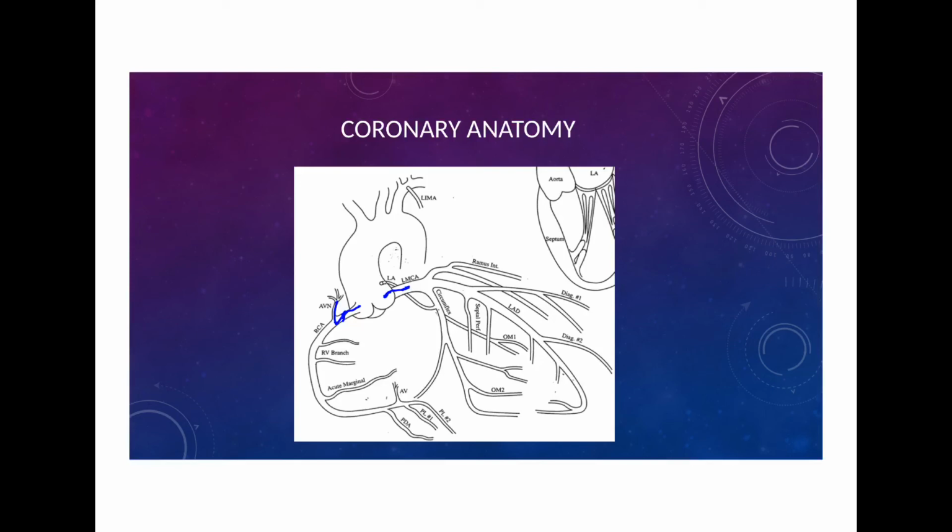The left main artery branches off into the left anterior descending, or LAD, and the left circumflex. The circumflex usually wraps around to meet the end of the right coronary artery, and depending on whether a patient has a right dominant circulation or left dominant circulation, either the RCA or the circumflex will give off the artery called the posterior descending artery, which supplies the posterior wall of the heart.